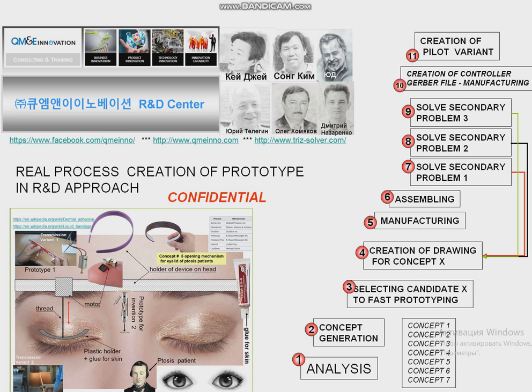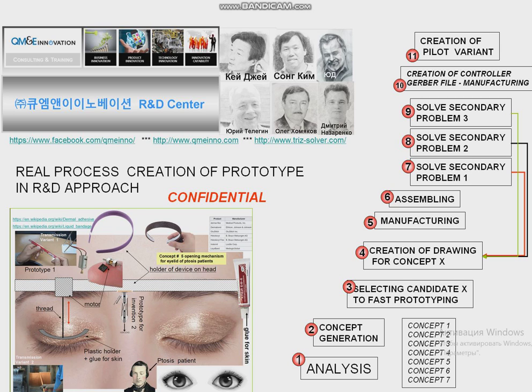Only after this will we create the pilot version, a workable version of the product, and a set of documentation for manufacturing. It will be ready for mass production. But for mass production there is an additional step: how we can modify our design and harmonize it with the logic of mass production.